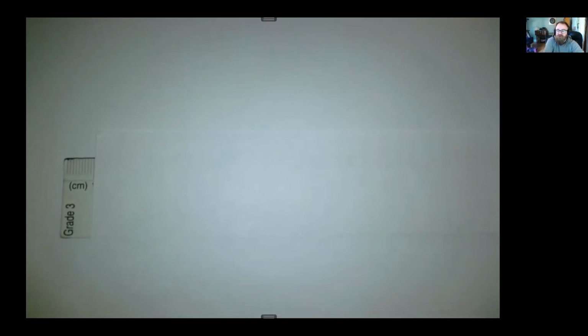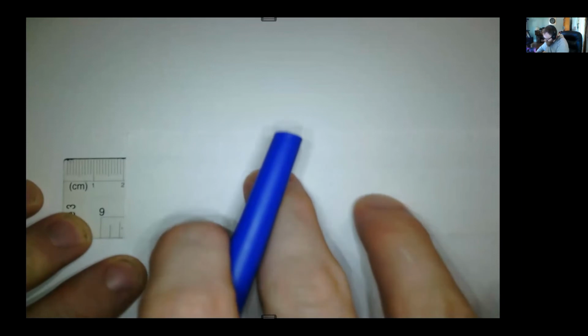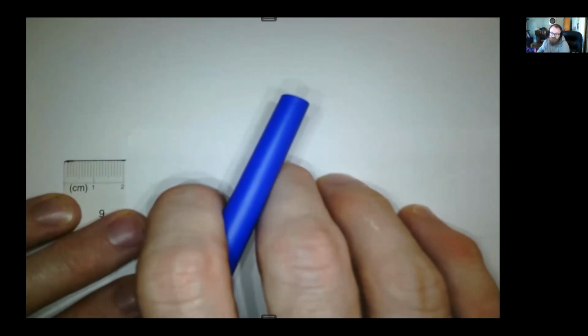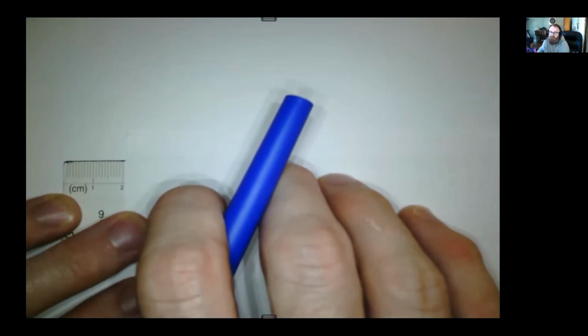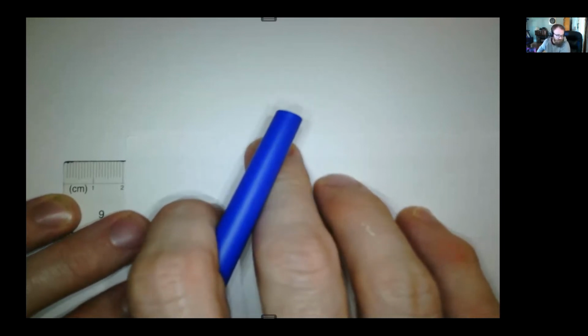So if I add another centimeter, two centimeters, I no longer have 10 tenths. I now have 20 tenths. 10 tenths in 1 centimeter plus 10 tenths in the second centimeter equals 20 tenths.